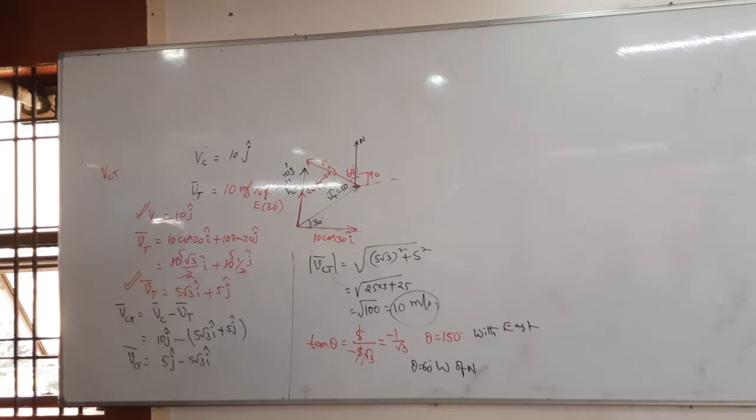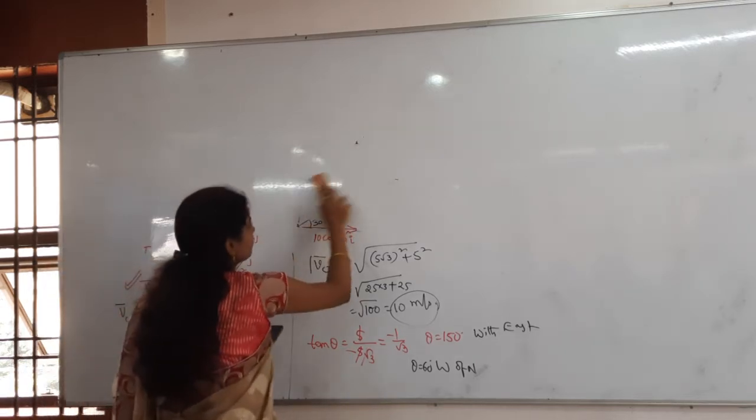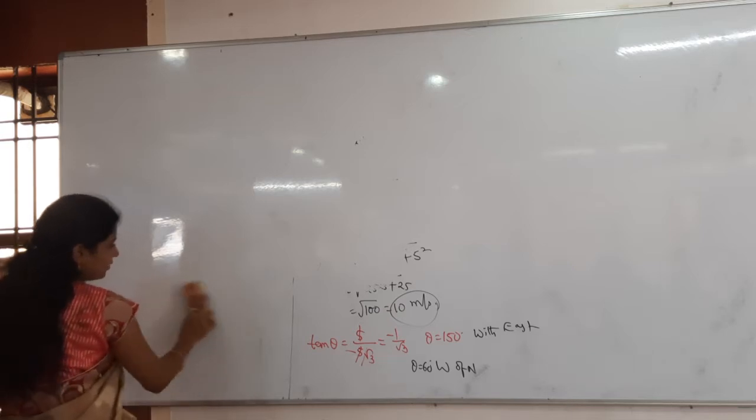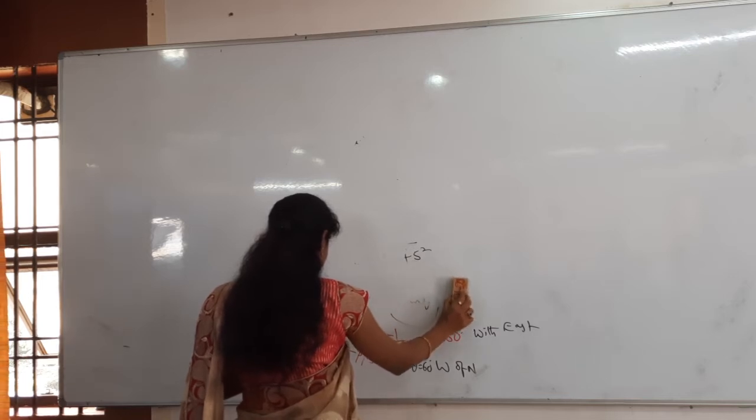A man is walking on a horizontal road with velocity of 10 kilometers per hour in east direction. Full stop.